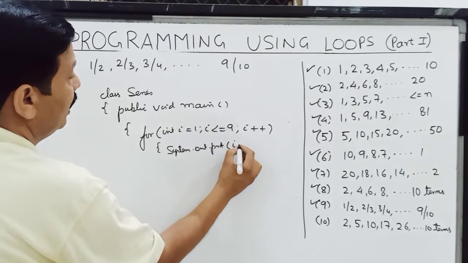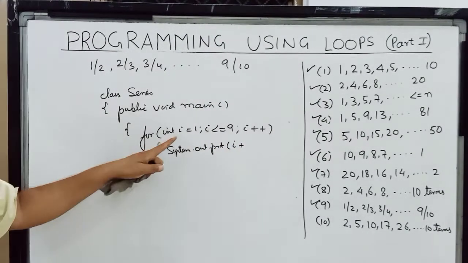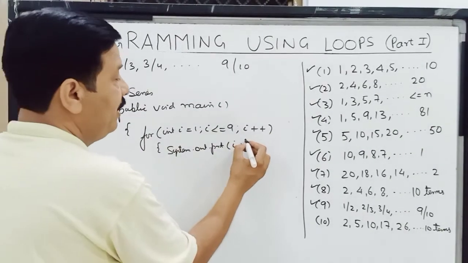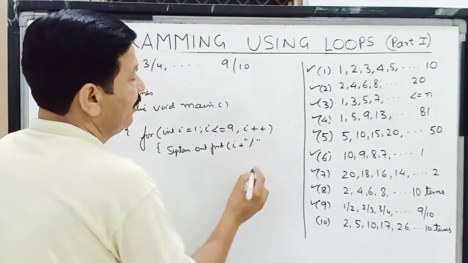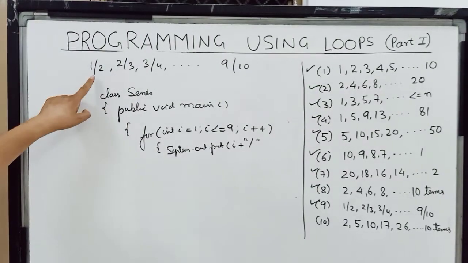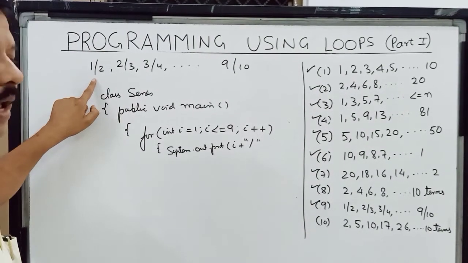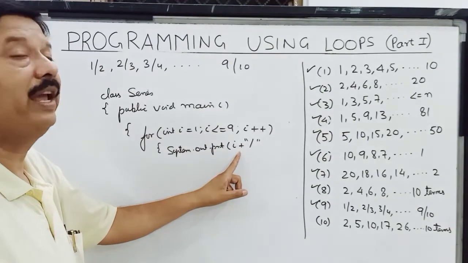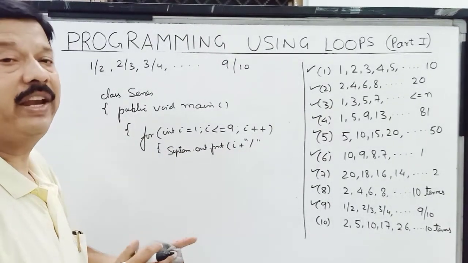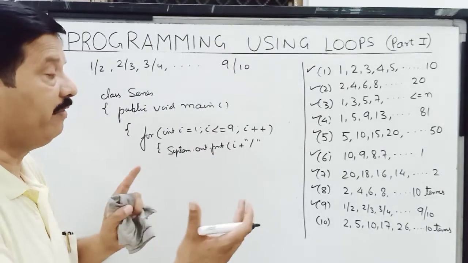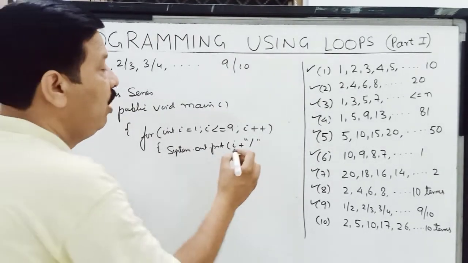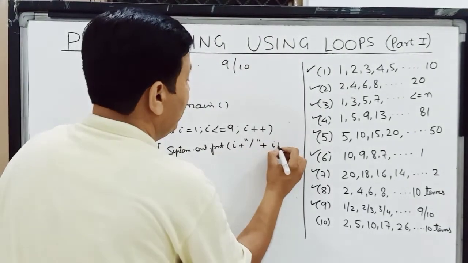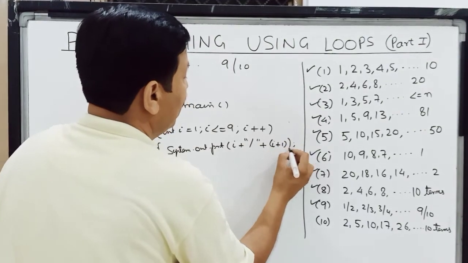System.out.print I. I means, children, what will get printed? 1 will get printed. Then within double quotes I am printing a slash sign. So this slash sign will get printed, and since I have put it in a string, it will not get calculated, it will get joined together and concatenation will take place. And here I am taking I plus 1.